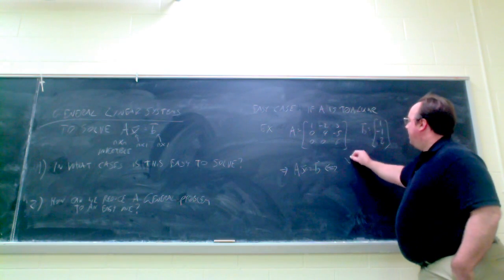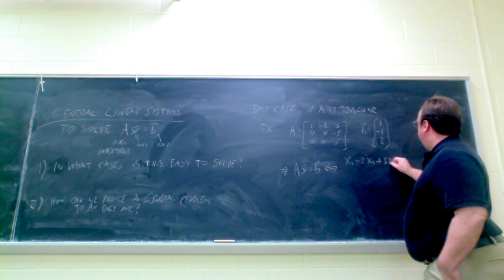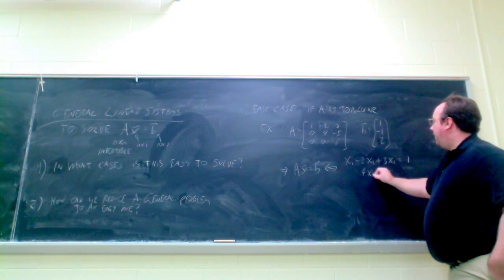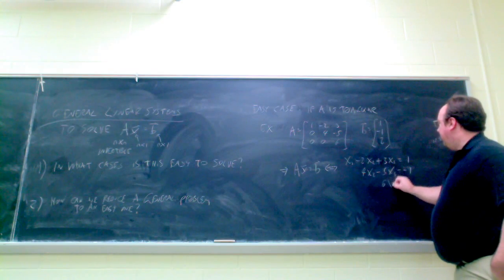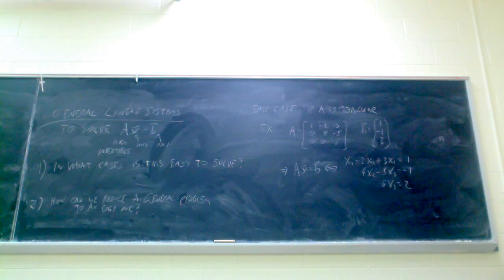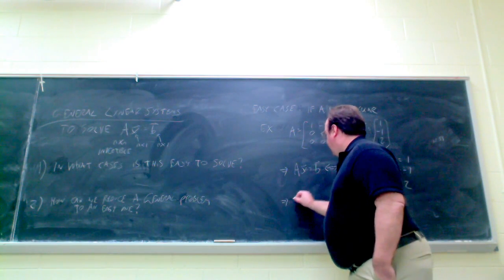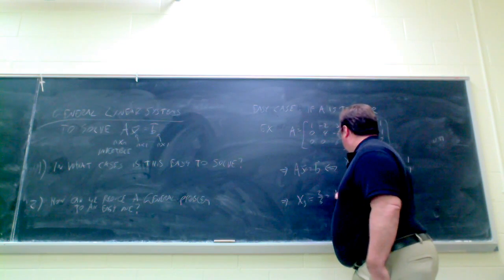So we have x1 minus 2x2 plus 3x3 equals 1. And then 4x2 minus 5x3 is minus 1. And then 6x3 is equal to 2. In this case, since one of the equations, the third one, is decoupled from the others, it can be solved independently, so you can just go ahead and set x3 to be 2 over 6.